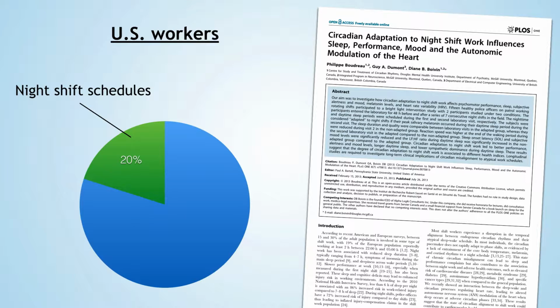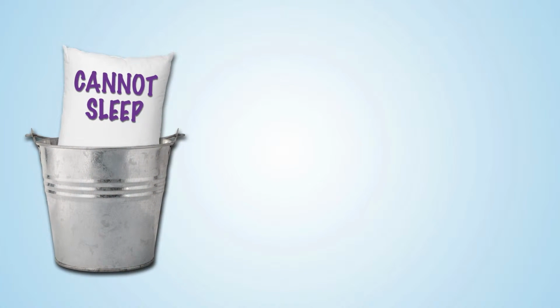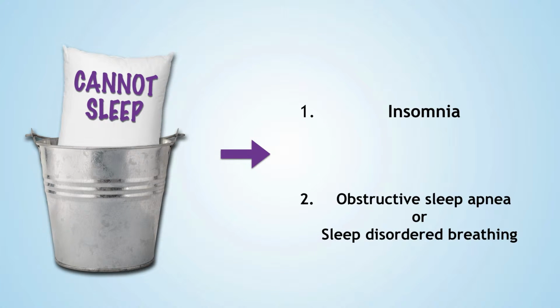Okay. Now, what about our second bucket, the cannot sleep bucket? What conditions, what's our first condition there? Well, the two primary conditions are insomnia and another condition called obstructive sleep apnea, or sometimes also called sleep-disordered breathing. Okay. So insomnia, that's probably a lot of us throwing that term around. What does it really mean?